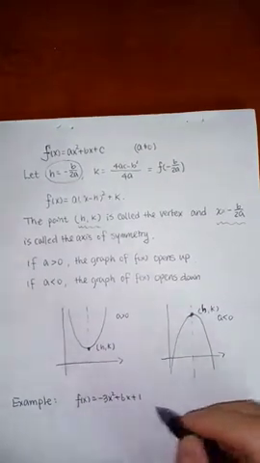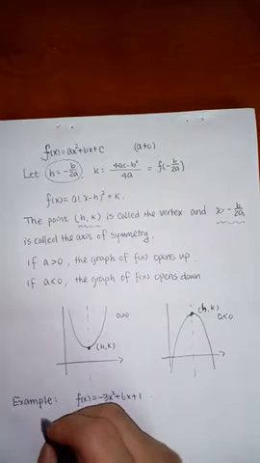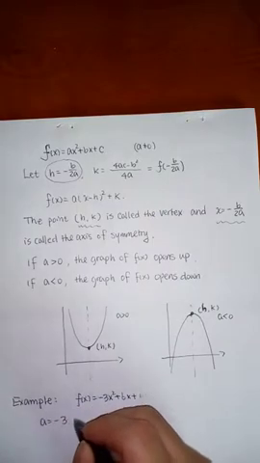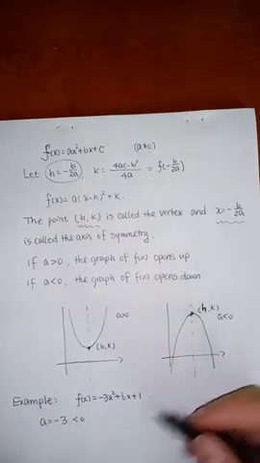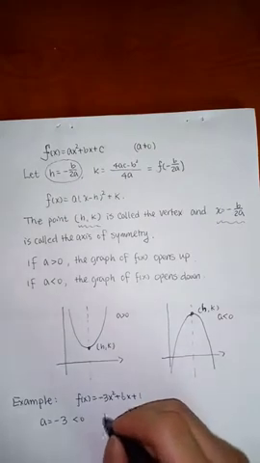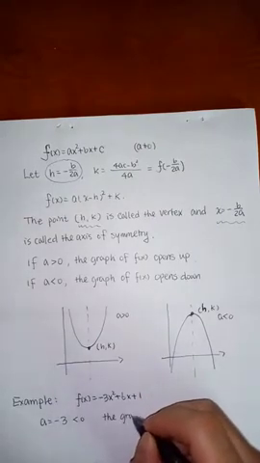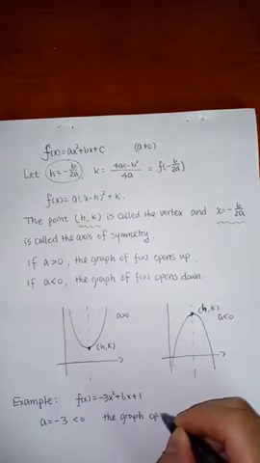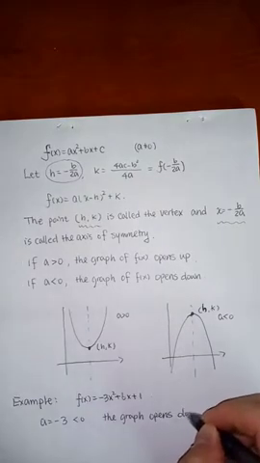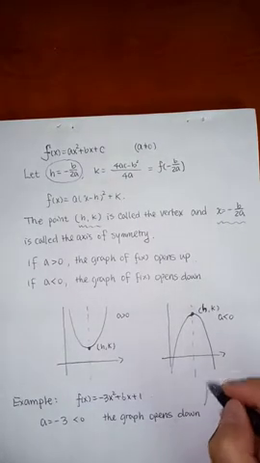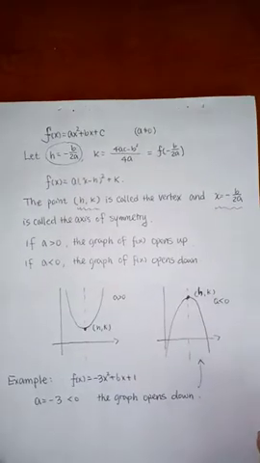And from this formula, you can see that a is equal to negative 3. It's less than 0. So the graph opens down. Okay, so the graph looks like this case.